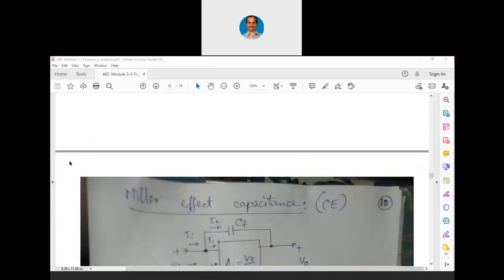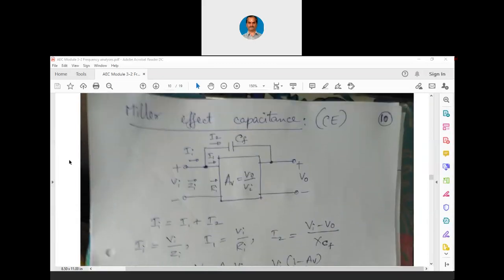Let me proceed further. Now we have a discussion called Miller effect capacitance. I am going to slightly deviate from the main discussion now, because later on we are going to discuss the high frequency response. For discussing the high frequency response, we will have to find out the internal capacitances.